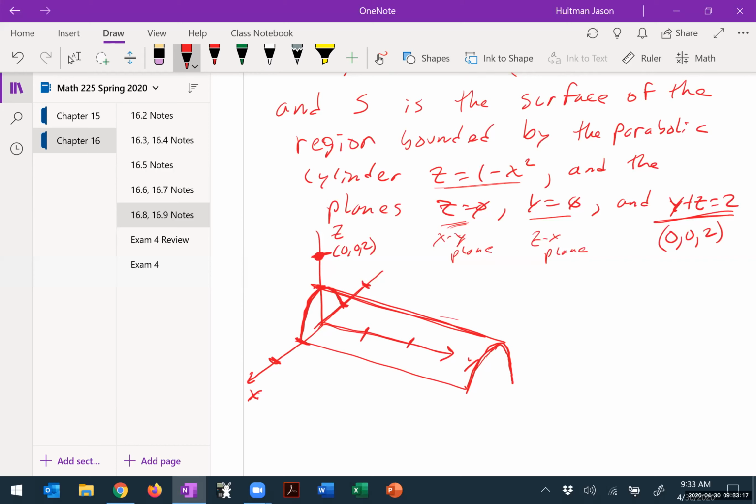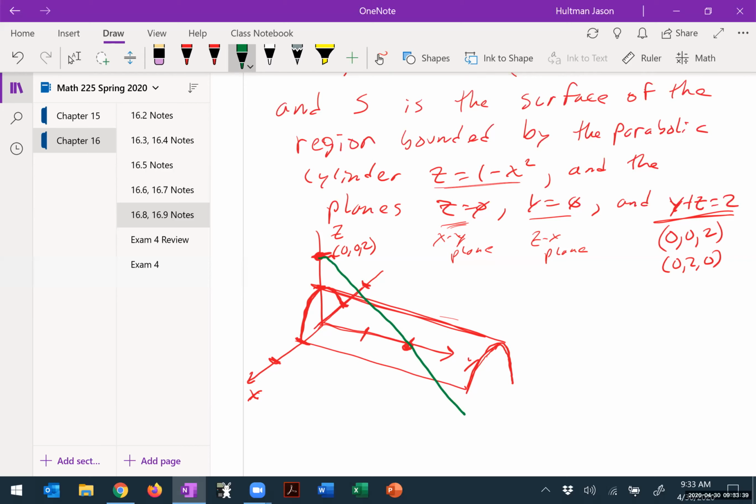If I let z be 0, then I get 0, 2, 0. And so we get a plane that's kind of slicing through. Maybe I'll do a different color here. We get a plane that's kind of slicing through like so.